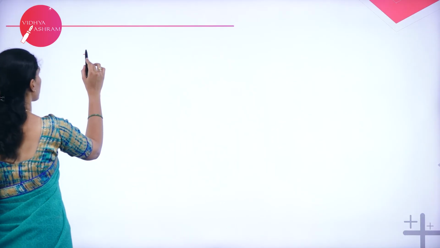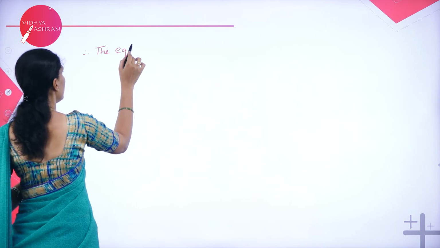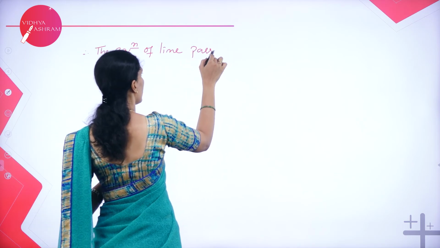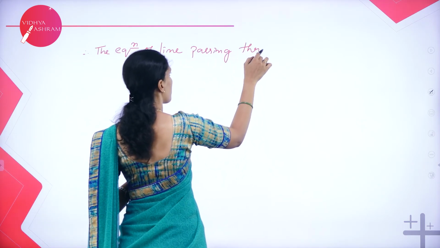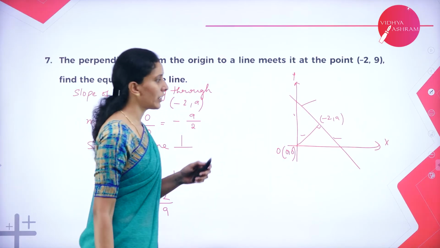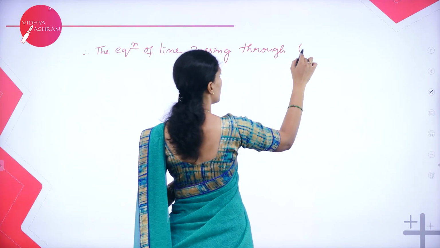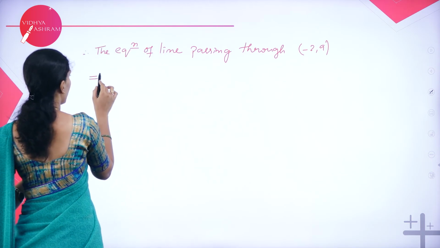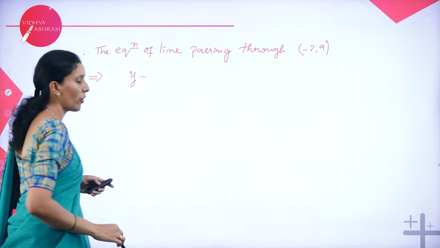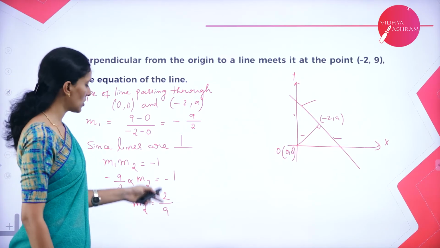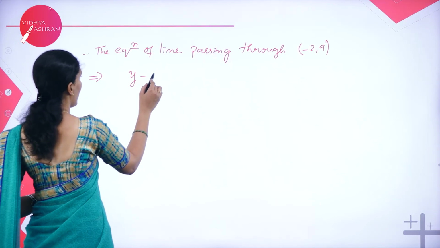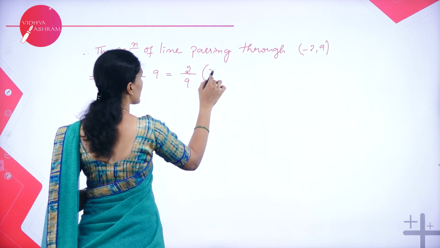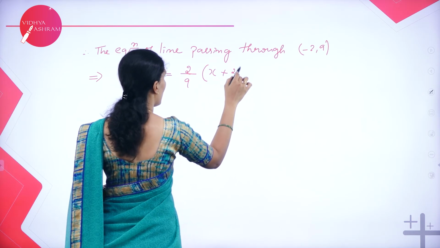So therefore the equation of the line passing through, what is the point given? It is minus 2, 9. That implies y minus 9 is equal to the slope 2 by 9 into x minus of minus 2, which becomes plus 2.